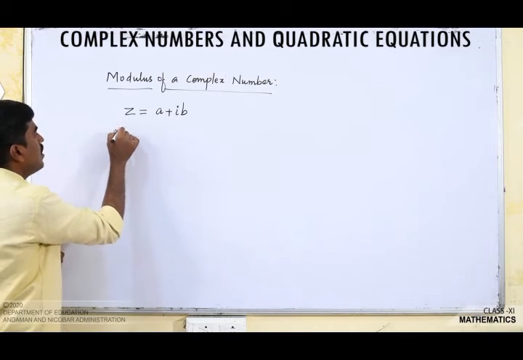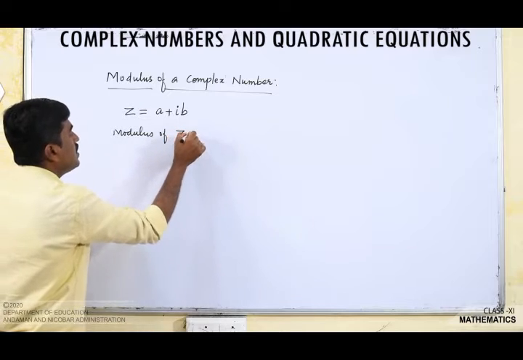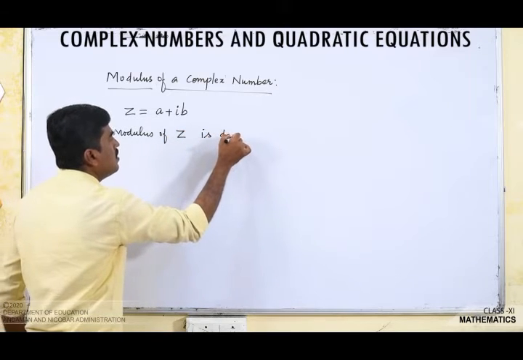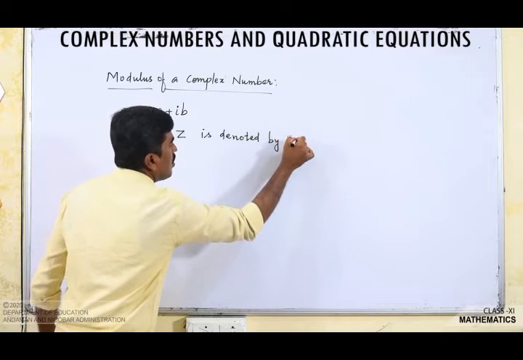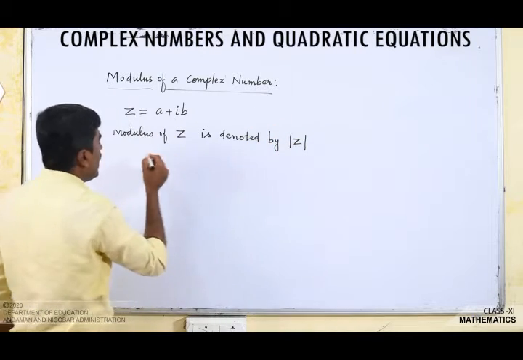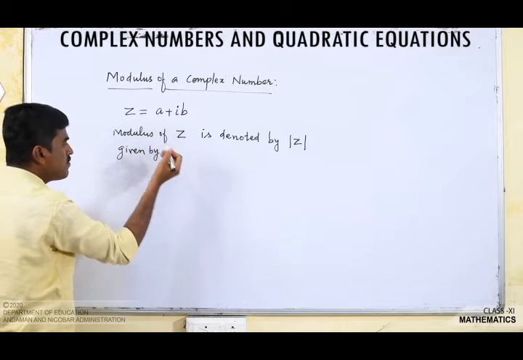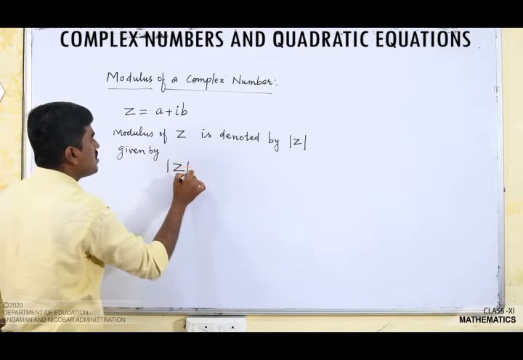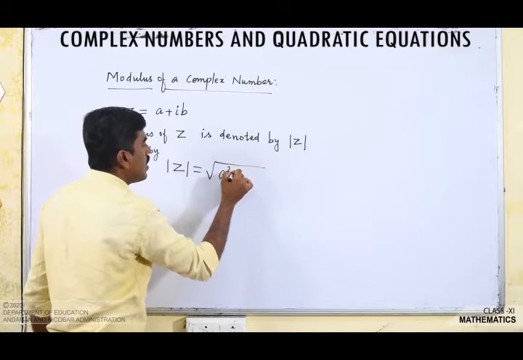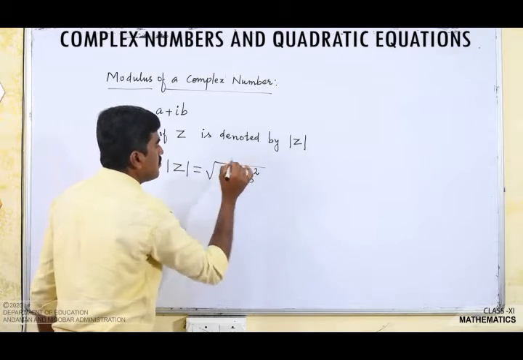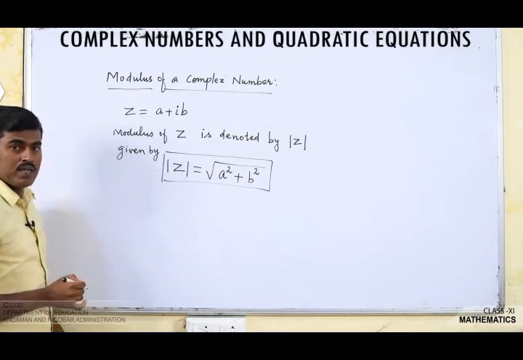Then the modulus of z is denoted by mod of z, and it is defined as mod of z is equal to under root of a square plus b square. This is the formula for the modulus of a complex number.